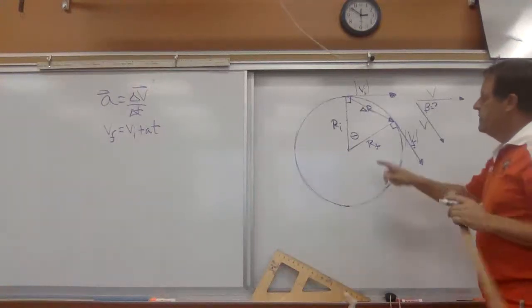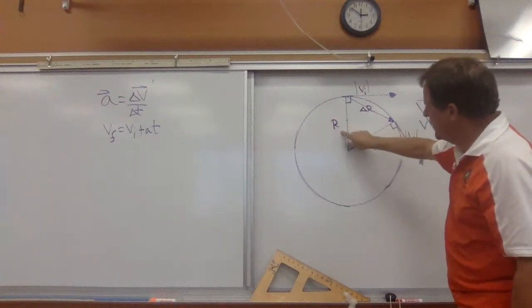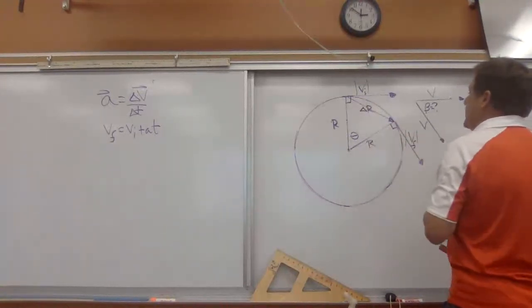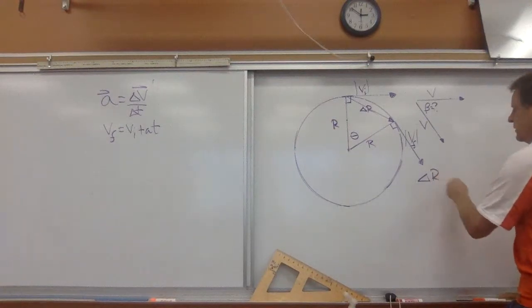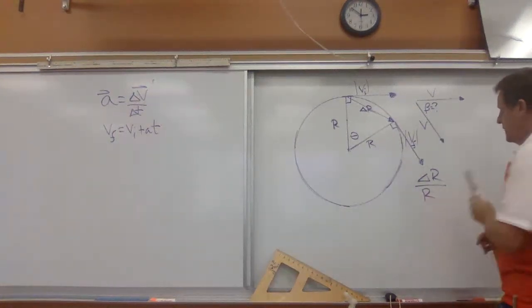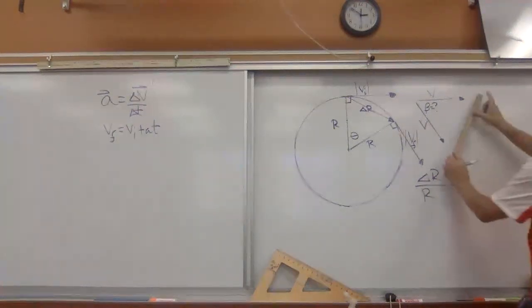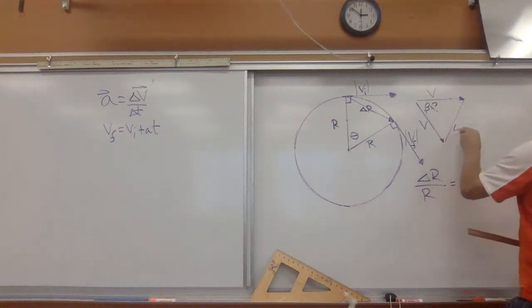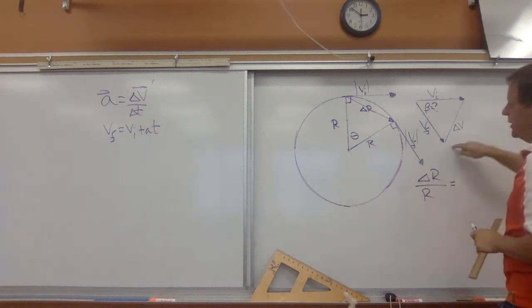But what we do know is that we have an isosceles triangle here, because this r and this r are the radius of a circle, so those r's are going to be the same. For example, delta r with respect to r, is what we are searching to make equal to delta v, right? If this is our initial velocity and that is our final velocity, this would be our delta v.